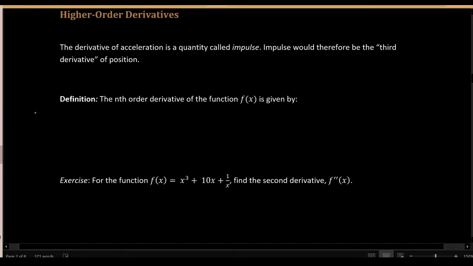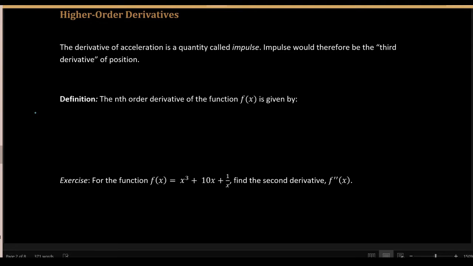In this case, we've calculated the derivative twice, but in theory, there's absolutely nothing stopping you from calculating as many derivatives as you want. Now, usually, once you go beyond the second derivative, the third and fourth and fifth derivatives are not quite as useful, not quite as broadly applicable.